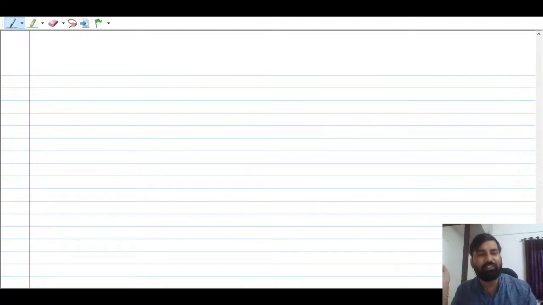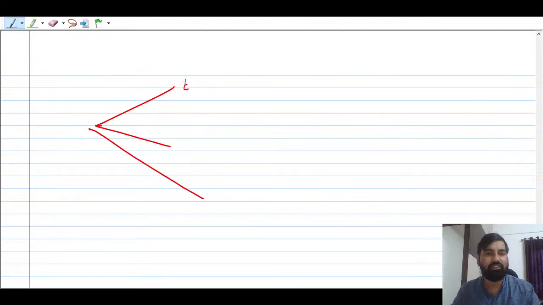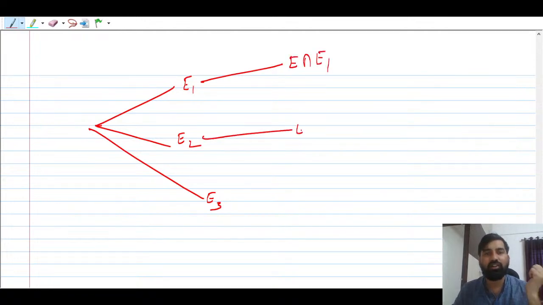So systematically you can do it also. I don't want to write systematically, but I can show you if you want. So what is the systematic way of approach? Look, there are 3 events, E1, E2 and E3. Now one of the events is that the head appears. So E intersection E1, E intersection E2, E intersection E3.